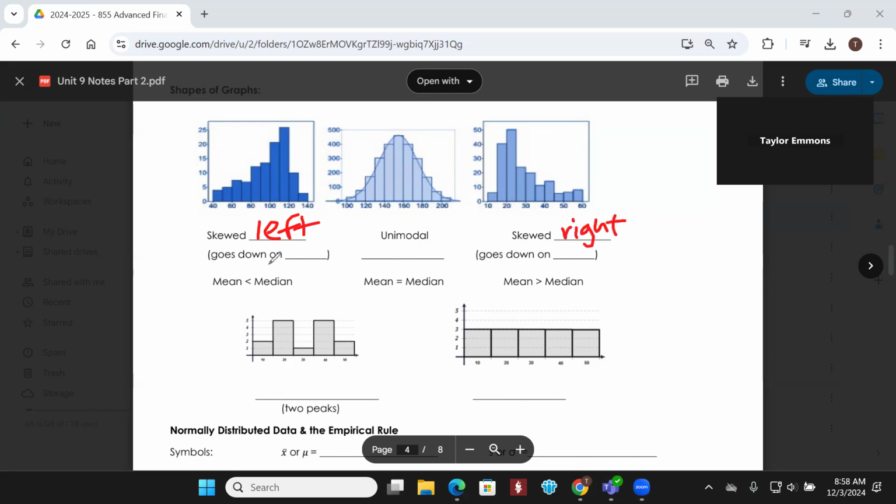This goes down on the left-hand side, this goes down on the right-hand side. And then you've got unimodal symmetrical, also known as the normal curve. These are words that they use interchangeably, so you kind of need to be comfortable with them.